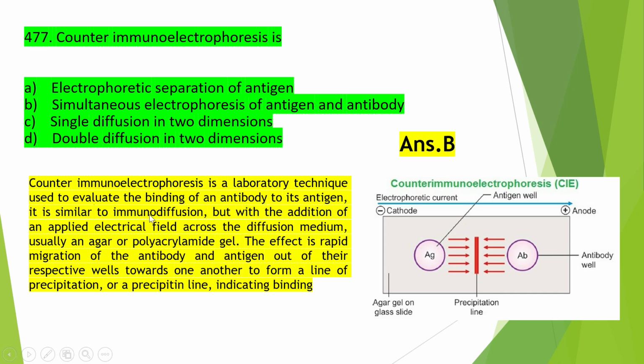It is similar to immunodiffusion but with the addition of an applied electrical field across the diffusion medium, usually an agar or polyacrylamide gel. The effect is rapid migration of the antibody and antigen out of their respective wells towards one another to form a line of precipitation, or a precipitin line, indicating binding.